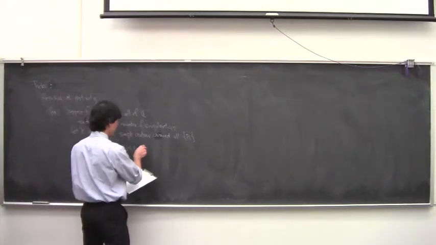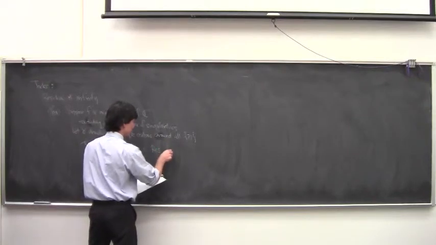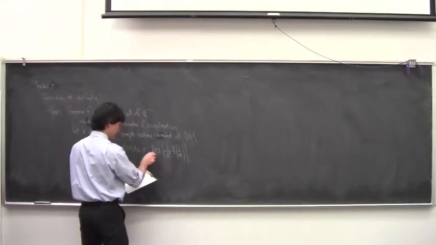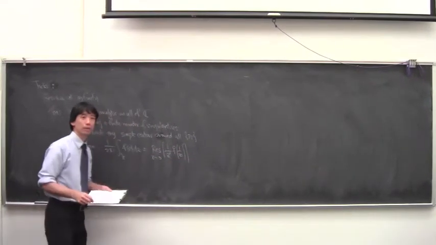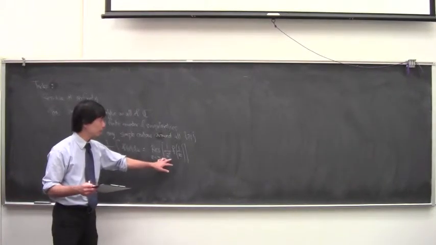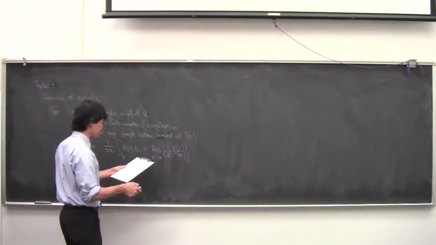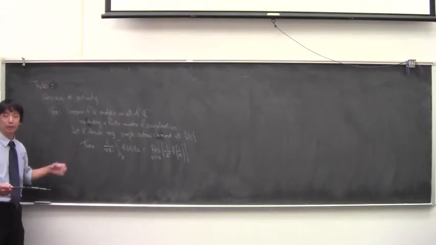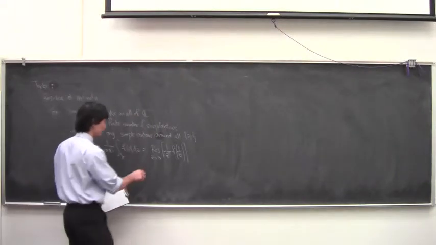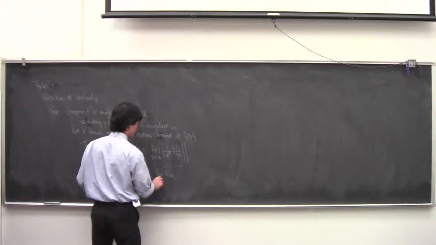But in fact, there's a way of calculating it in one move. You calculate the residue of this related function at 0, and it turns out that is going to be the sum of all the residues. This thing is called the residue of f at infinity.